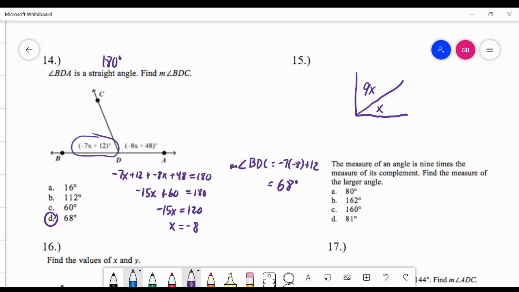Okay? Find the measure of the larger angle. So to find the value of x, if this is a right angle, then 9x plus x equals 90. So 10x is 90. So x is 9. And if x is 9, the larger angle is 9 times 9, which is 81 degrees. The answer is D.